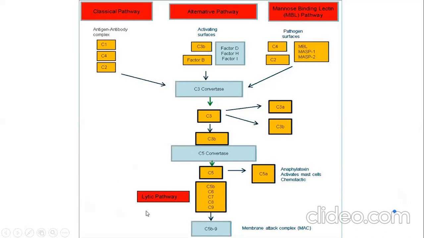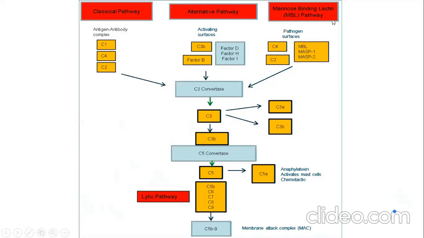And at the end, all these 3 pathways commonly come into a lytic pathway called the membrane attack complex, MAC, where it destroys the pathogen. So look into different components of the complement system, the proteins involved, and the different enzymes involved. The enzymes from here have common functions: C3 convertase, C5 convertase, and the membrane attack complex that destroys the pathogen.